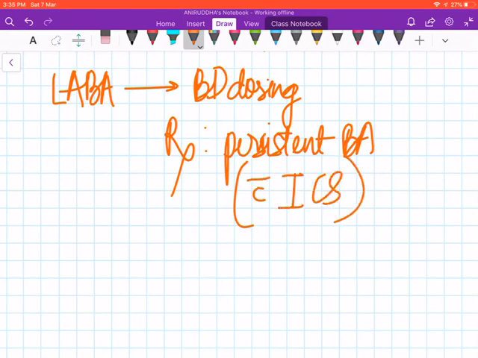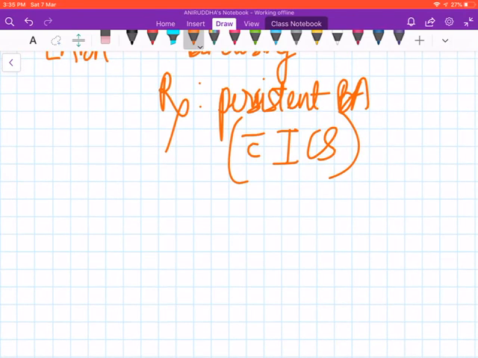I'll be discussing the inhalational corticosteroids later. They include flunisolide, fluticasone, budesonide, ciclesonide, these drugs. And also, they're given in COPD, but again in combination with anticholinergics.